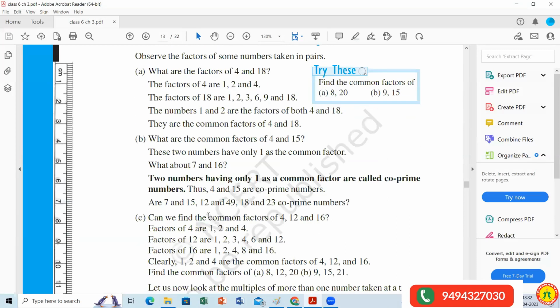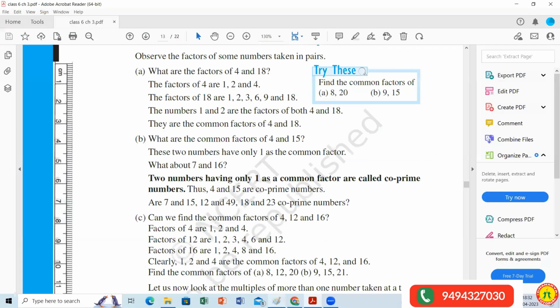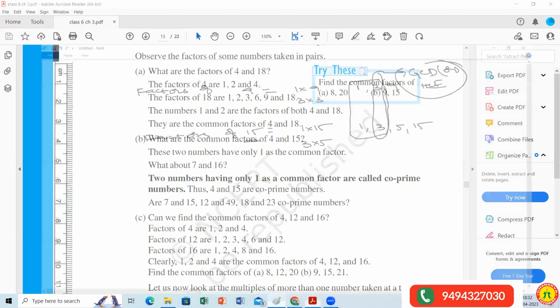There is one more important point, children: numbers having only 1 as a common factor. Here you see there are many common factors. Suppose any two numbers have only 1 as a common factor. Let me go with an example like 4 and 15.